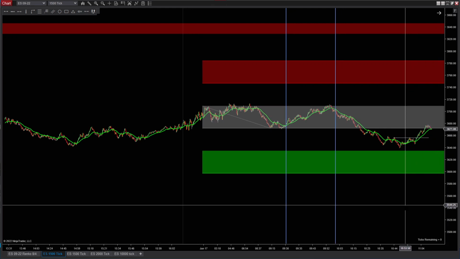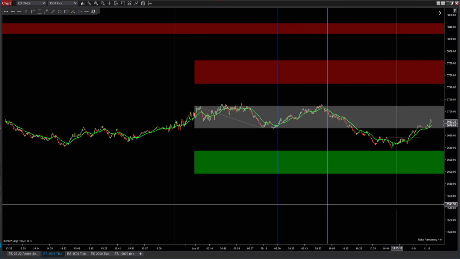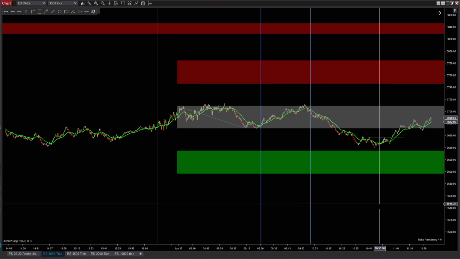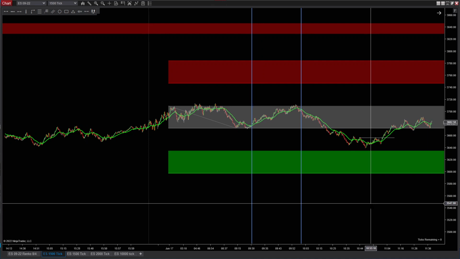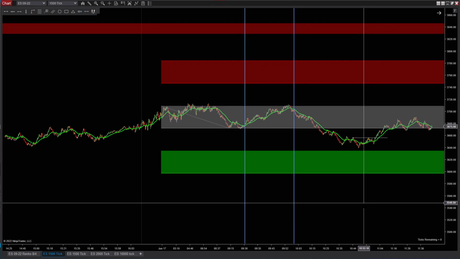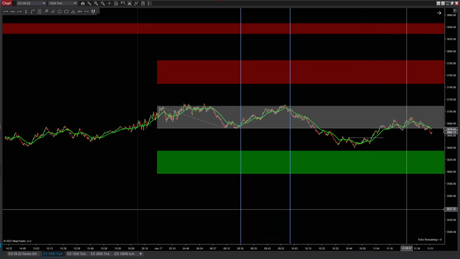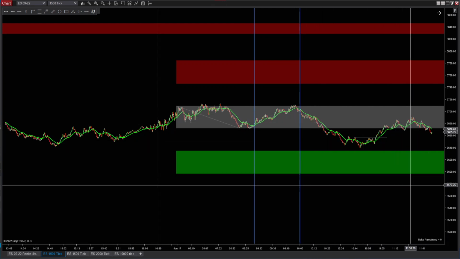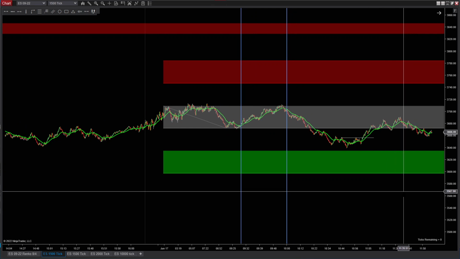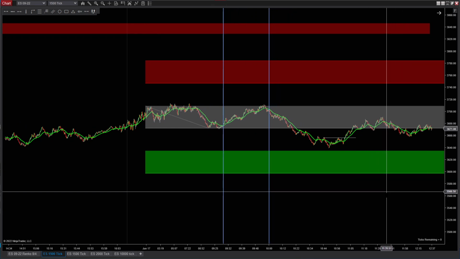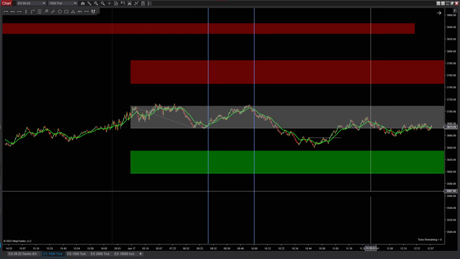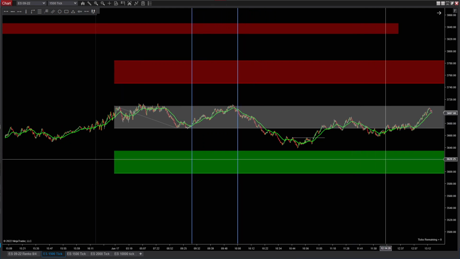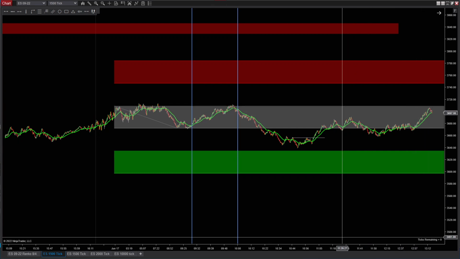Okay, so you see here it went all the way up, came back down, up, came back down, but it's coming back to the gray area right there. There's a lot of sideways movement here, and then it goes all the way up to the other side of this area. See?